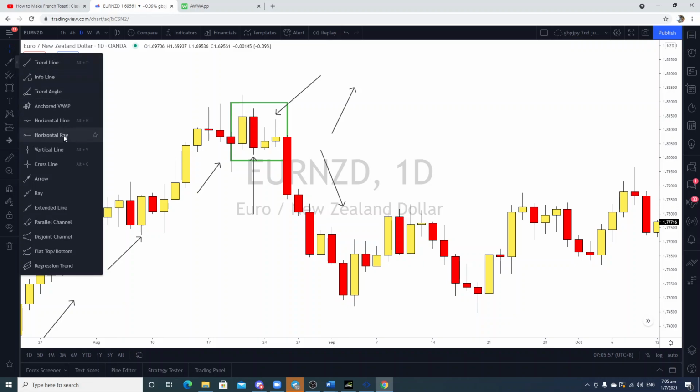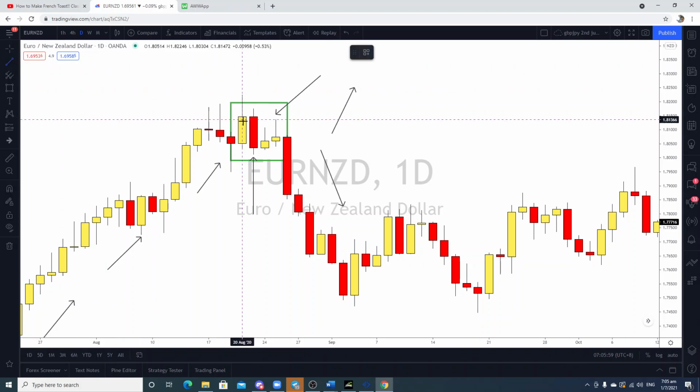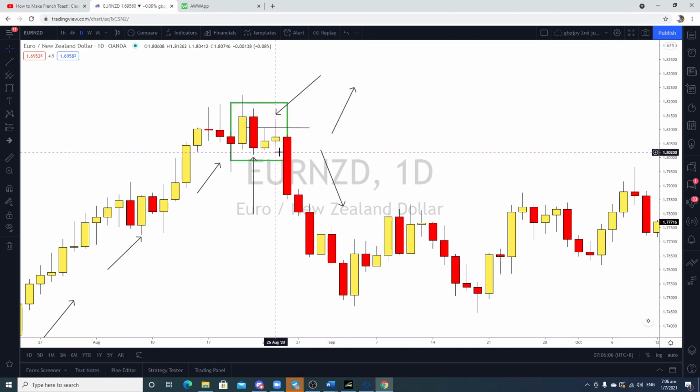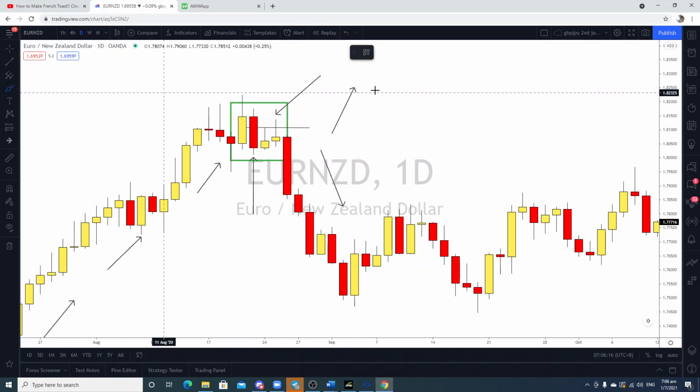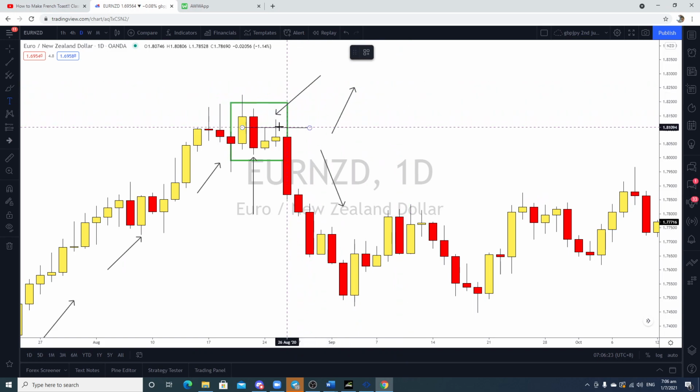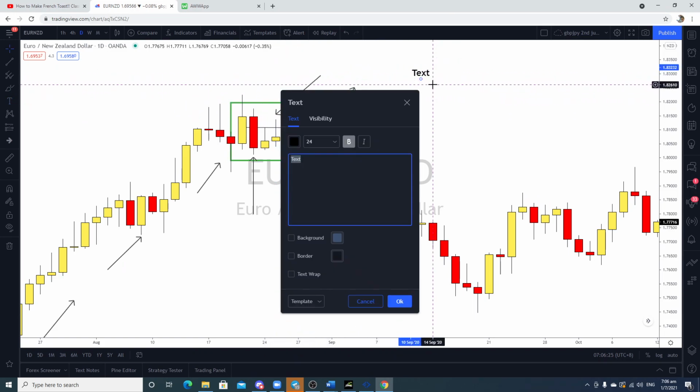So if I put a level here, in this case, when you see this false break, there's a lot of confluence for this to drop. What is the significance of this false break? First, what is the confluence?